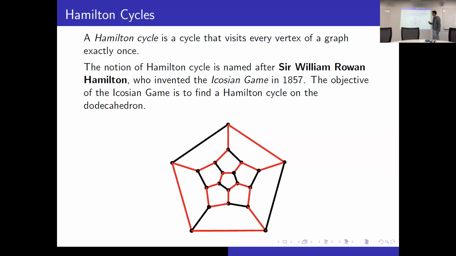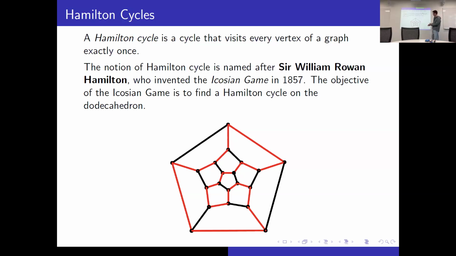In most texts, we will say that the objective of the game is to find a Hamilton cycle on the dodecahedron. But actually, it is a bit simplified because the game is a bit more complicated. For example, the game is played by two people, and there are different questions.